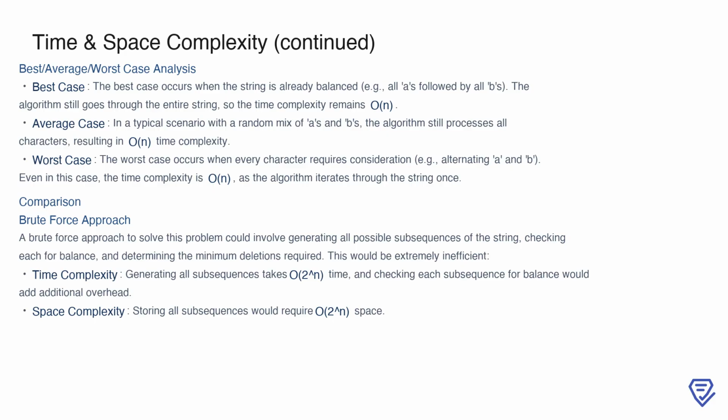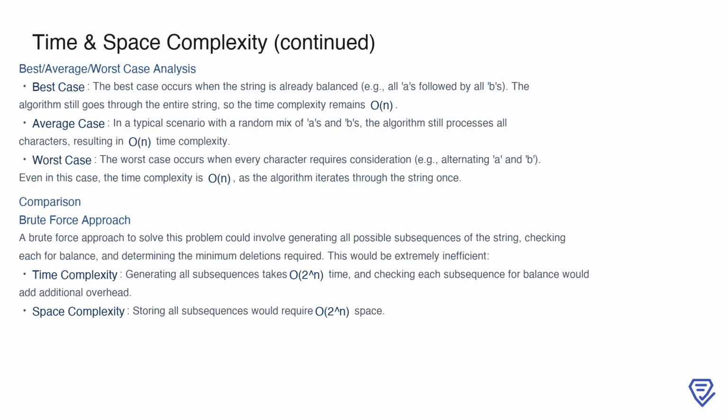For the worst case, where every character needs consideration, for example, when the string alternates between a and b, the time complexity is still O(n), as the algorithm does not perform any additional work beyond the single pass through the string. To compare, a brute force approach might involve generating all possible subsequences of the string and checking each one for balance.